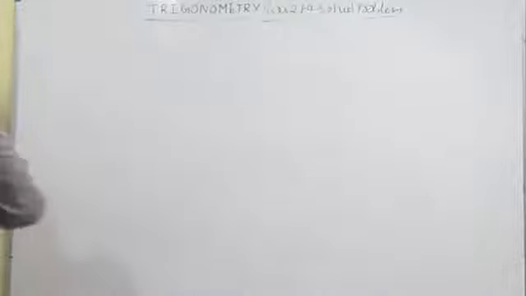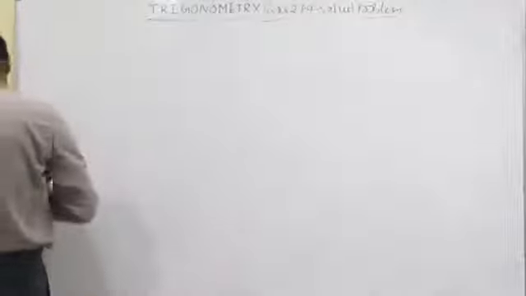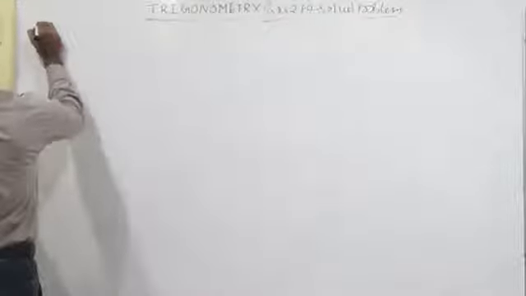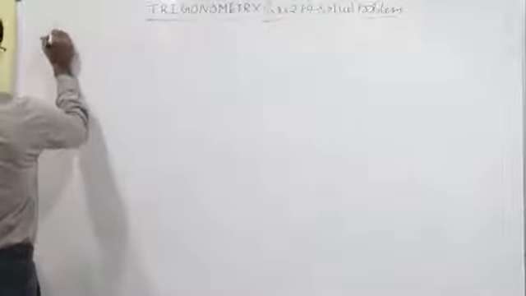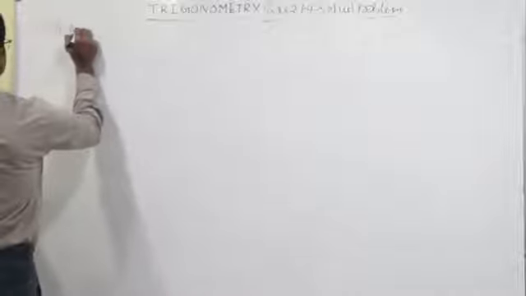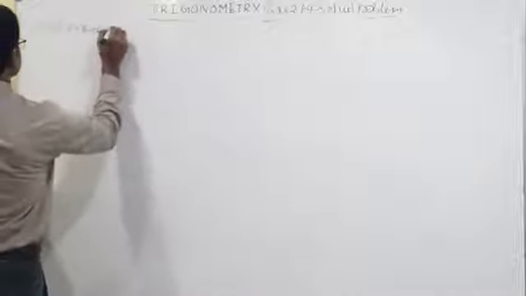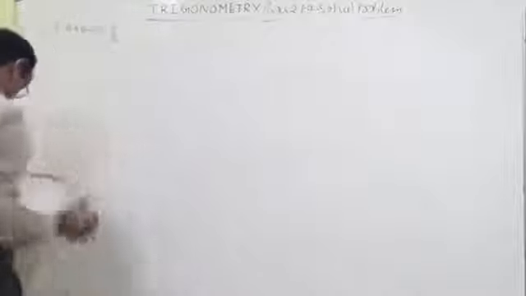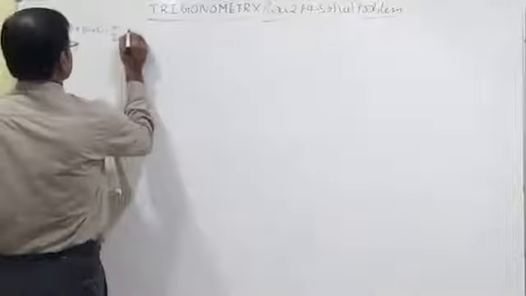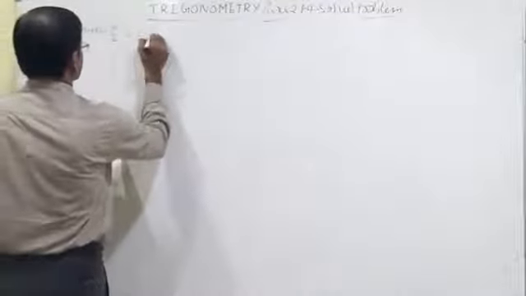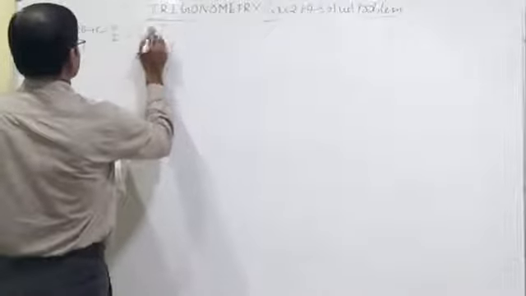Now another model, A plus B plus C is equal to pi by 2. It is given on page number 285, example 4. If A plus B plus C is equal to pi by 2, then show that, two sums are there.